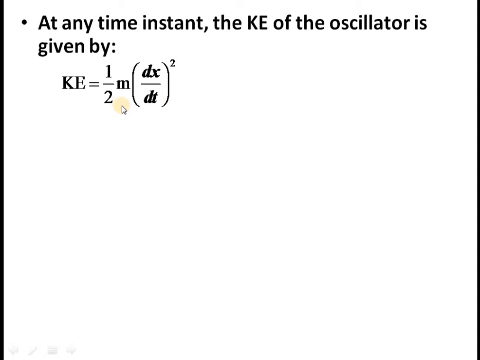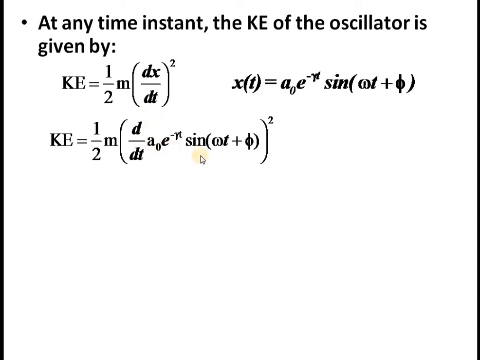You know that the expression for x for a damped oscillator is a0 exponential minus gamma t sine omega t. We have derived it. You can place this x here, very simple. You differentiate this x with respect to time, then you can find the kinetic energy of the oscillator at any time instant, and you square it.